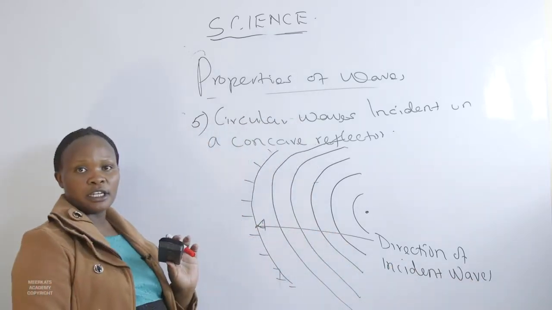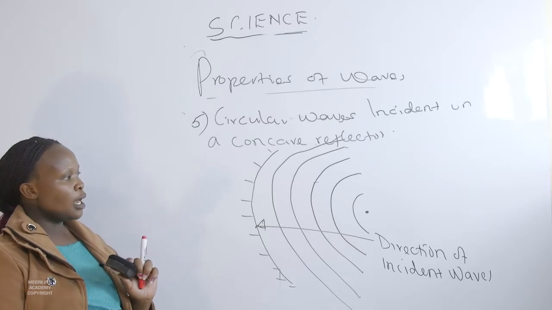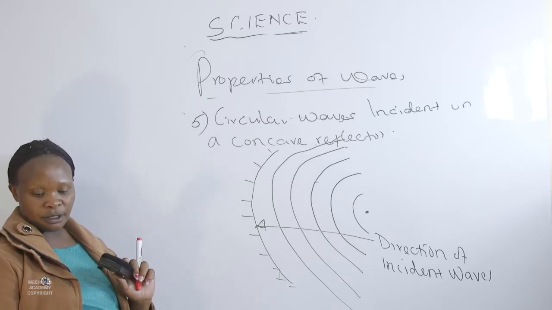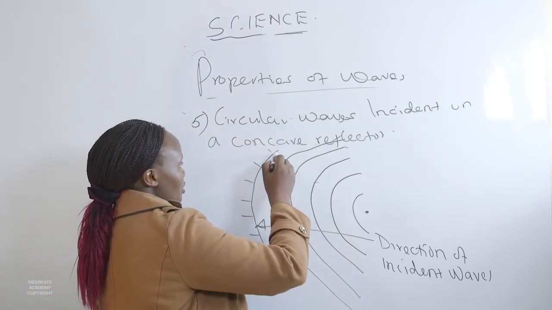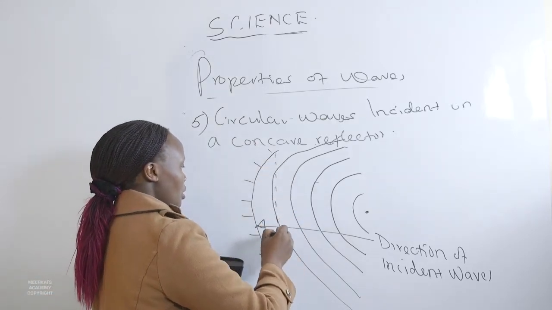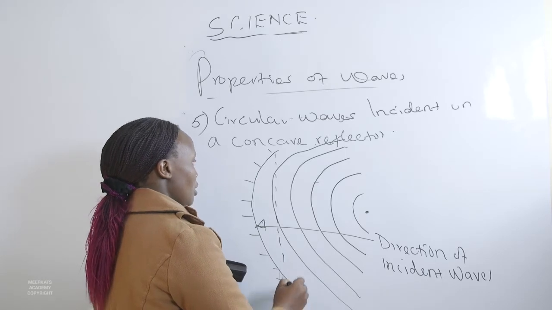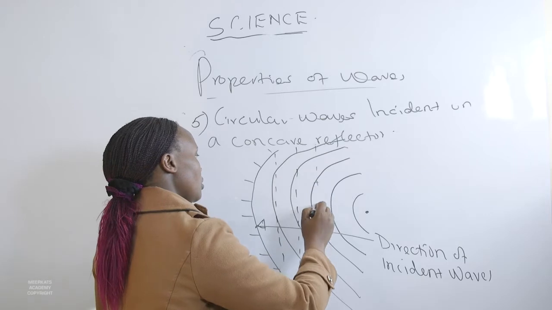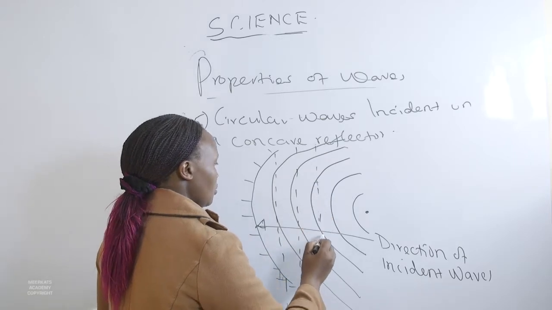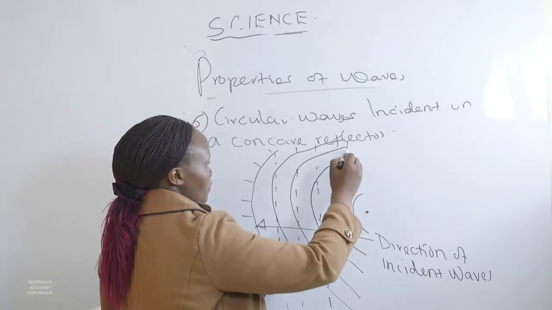That one is actually the direction of the incident wave, and we expect that they are going to be reflected so that they will assume a plane shape, and they will take the opposite direction.